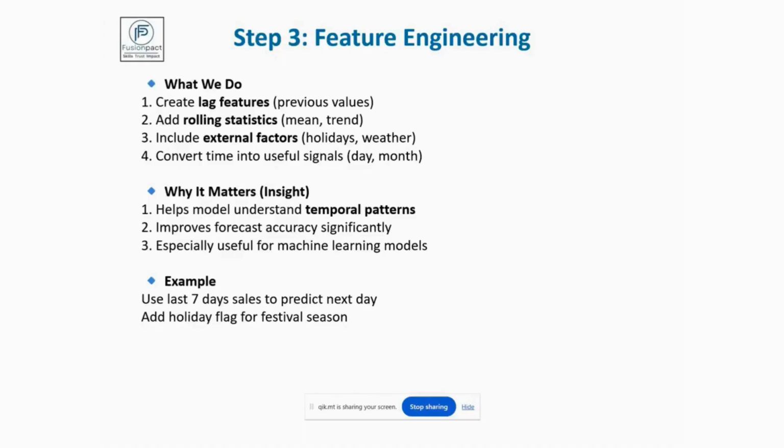This step helps the model understand temporal patterns and significantly improves accuracy, especially for ML and deep learning models. For example, using the last 7 days of sales data to predict tomorrow's sales.